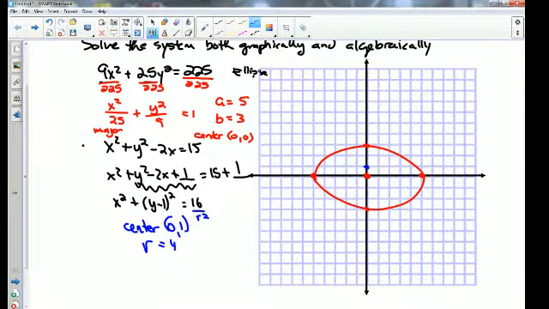Radius of 4, 1, 2, 3, 4. 1, 2, 3. We know one of our intersections.